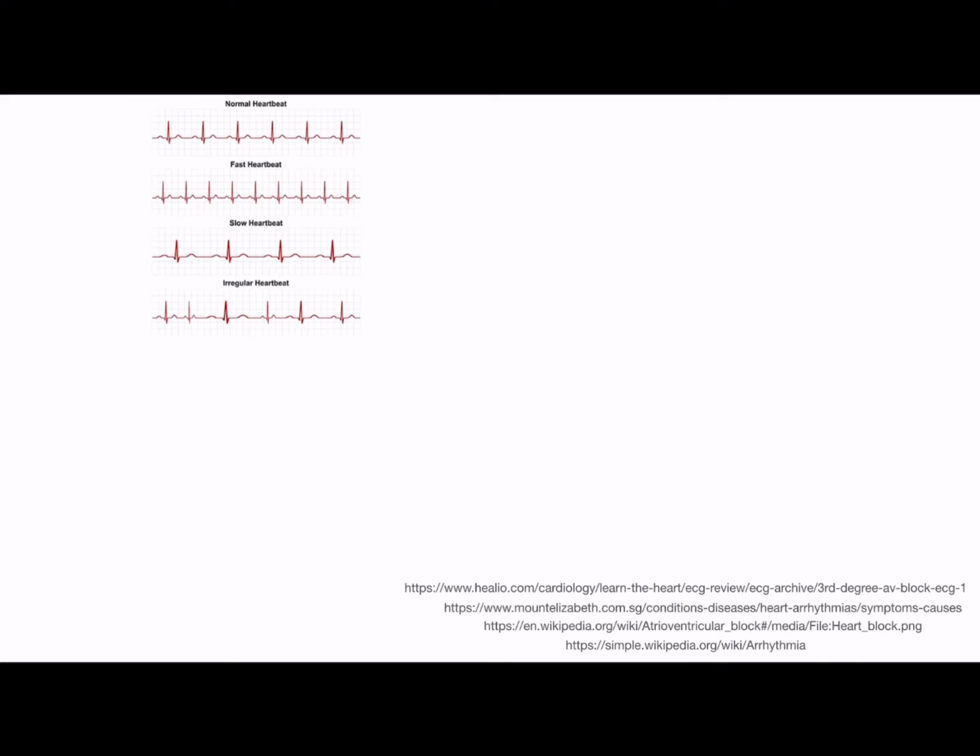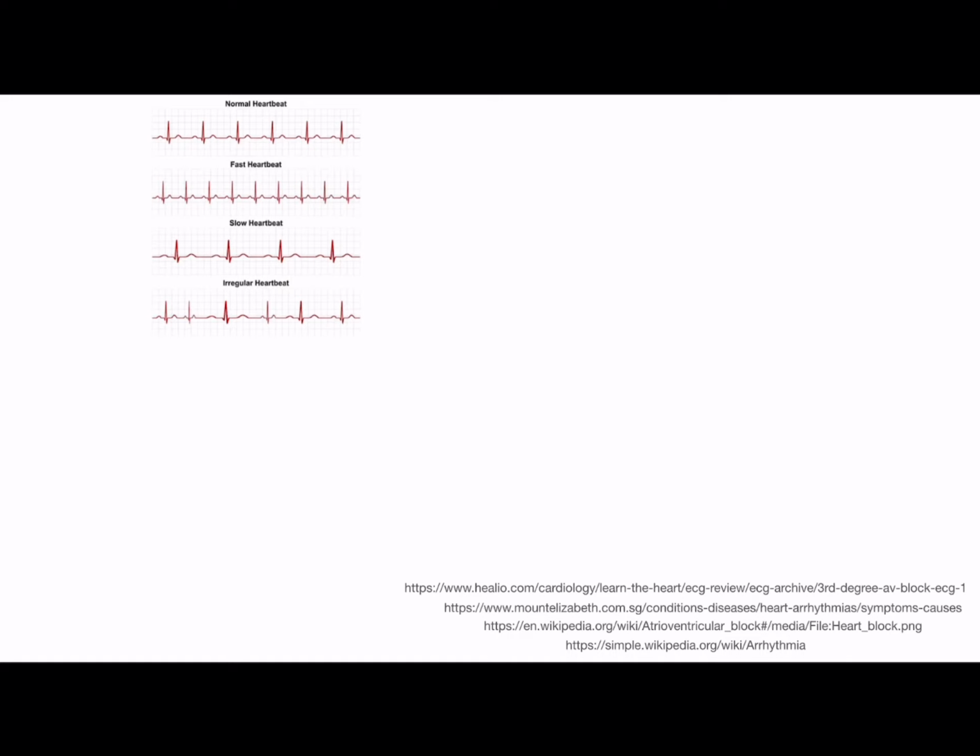So now some examples. The normal heartbeat or sinus rhythm, like I already said, has a PQ time below 200 milliseconds, a QRS time below 100 milliseconds, and a regular heartbeat.